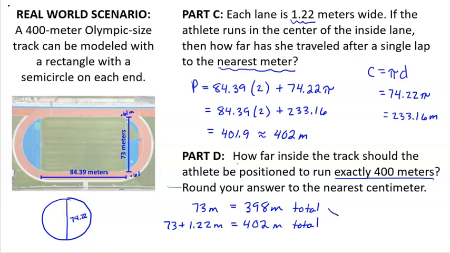Okay, we added 4 meters here. And so if we only wanted to add 2 meters to that original, that means we're just going to add half of this. And so that would be 73 plus 0.61 equals about 400 meters total.